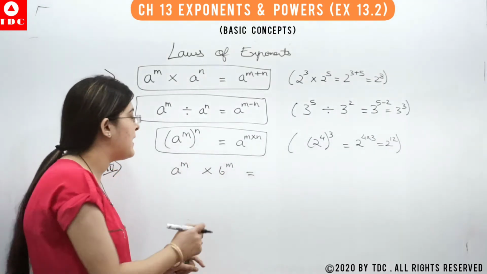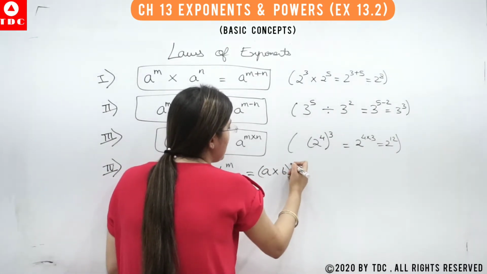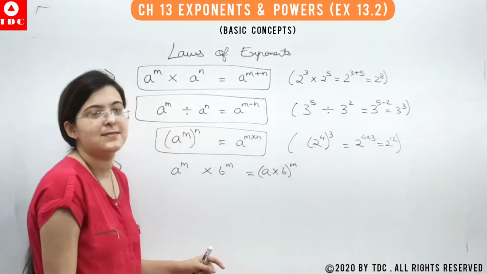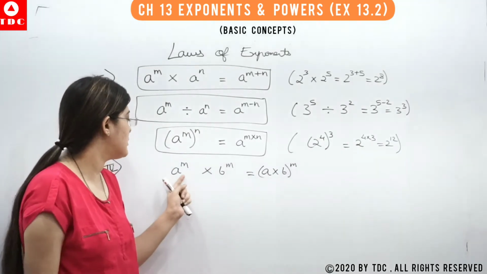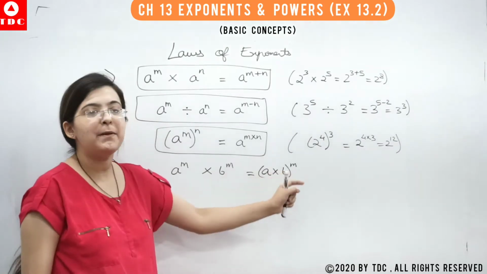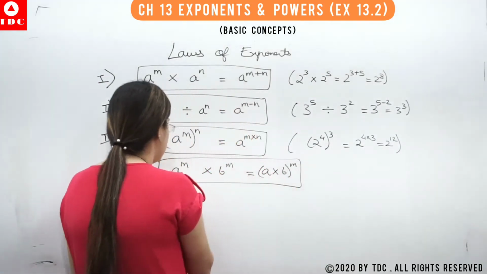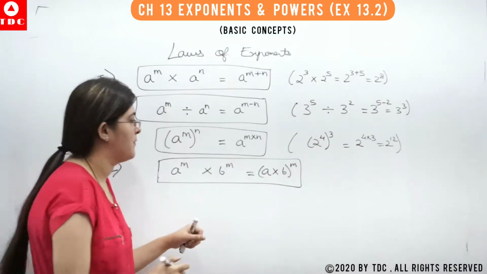So first we will multiply the bases and the power would be written once. Okay, this is your fourth law, that first we will do a into b and the power will be written as m.